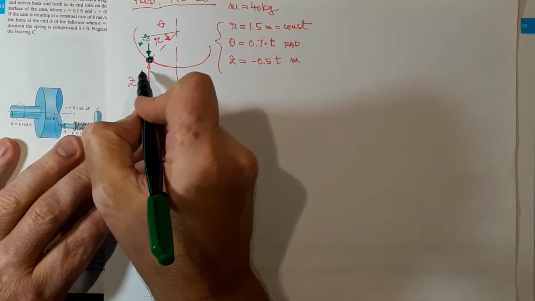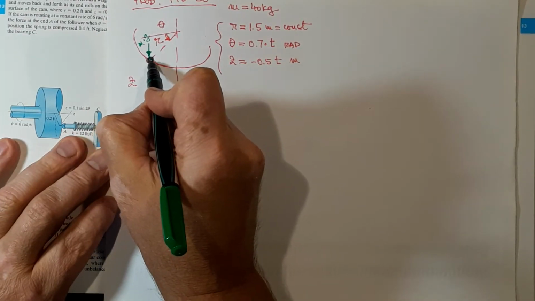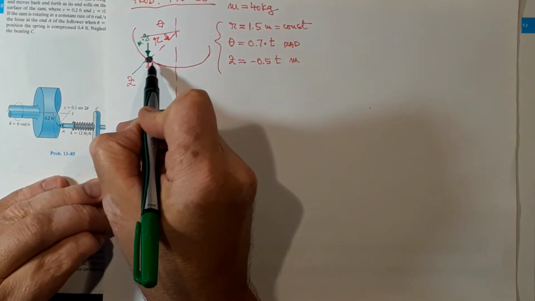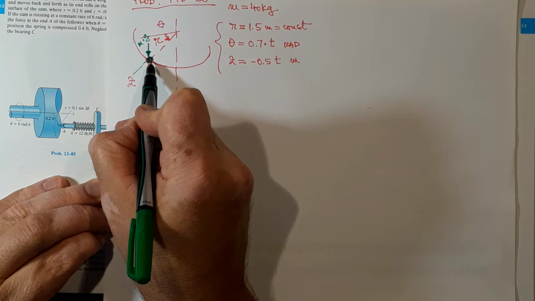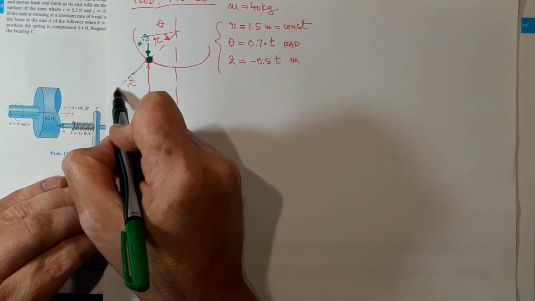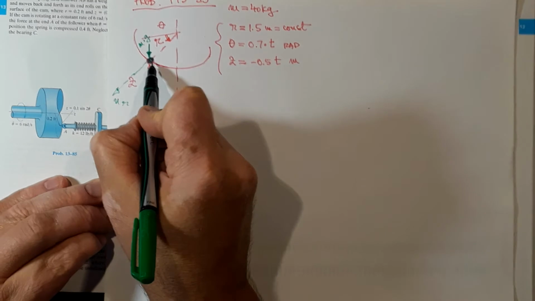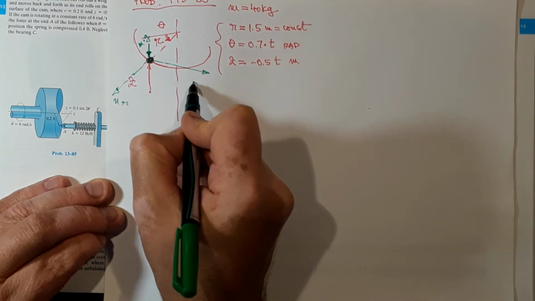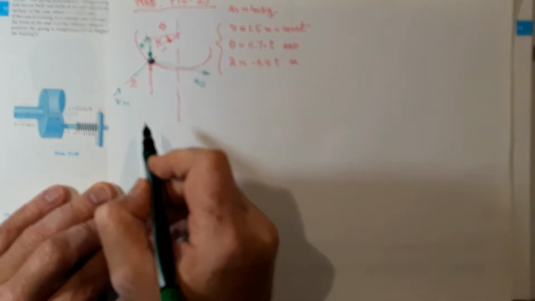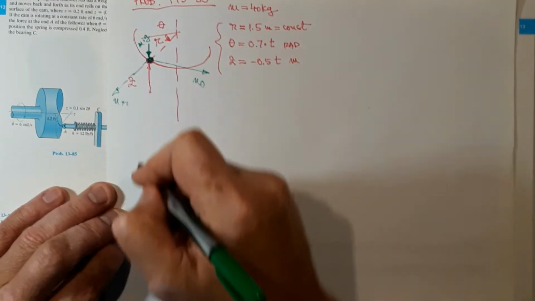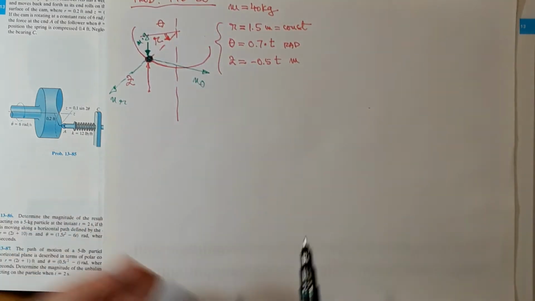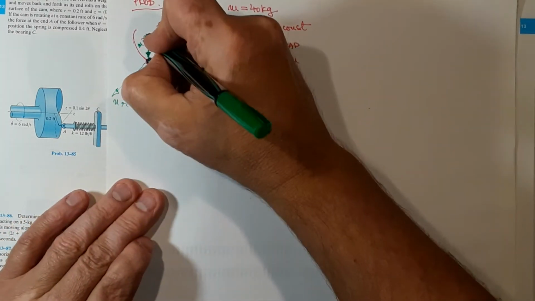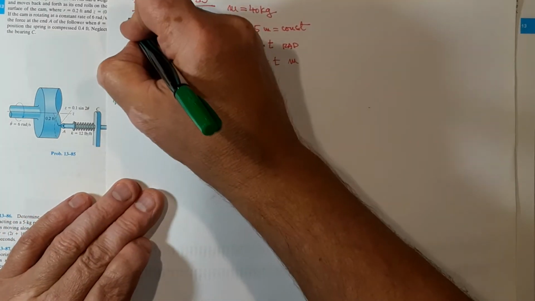Okay, so we have a radial direction, U r, the direction of theta, U theta, and then U z is up, because the z-axis is positive up.